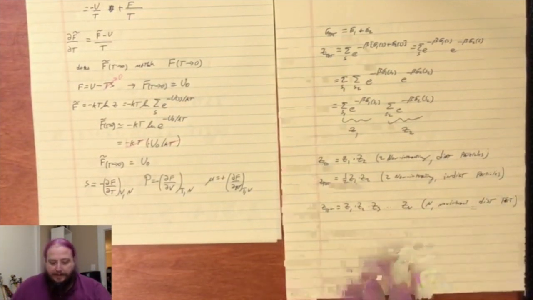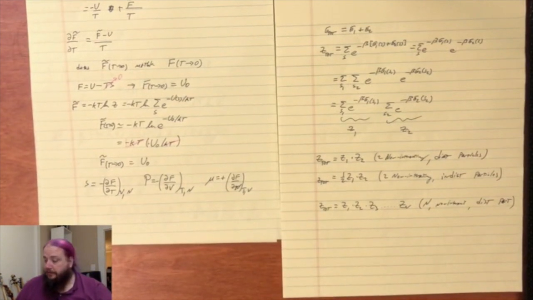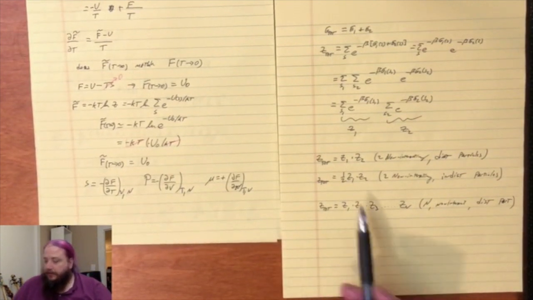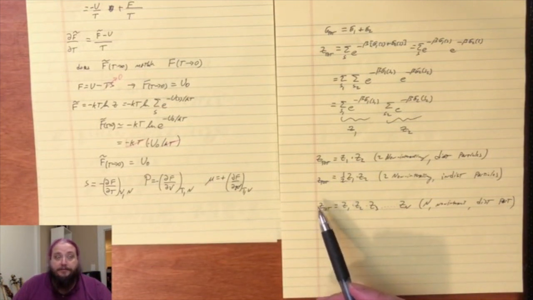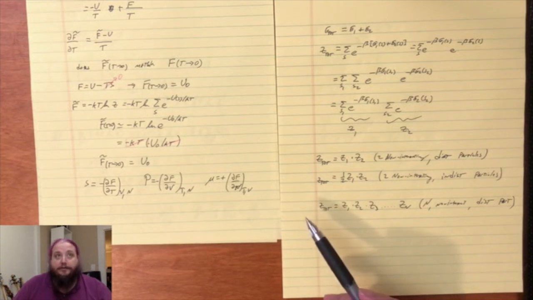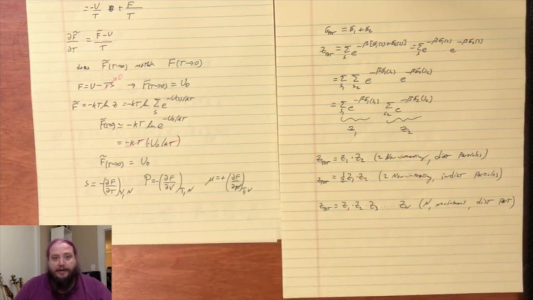Okay. And if they're indistinguishable, then instead of a factor of a half, well, we'd have a factor of a half for 2 of them. If we have 3 of them, we'd still have that double counting for the second and the third, but for the first we would have a triple counting, so we'd have 3 times 2.